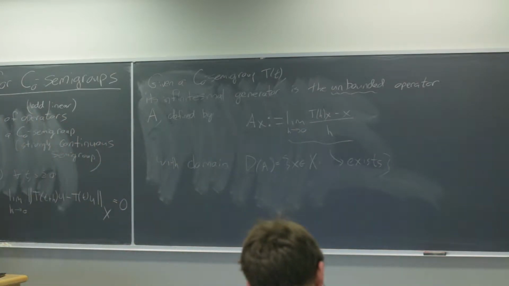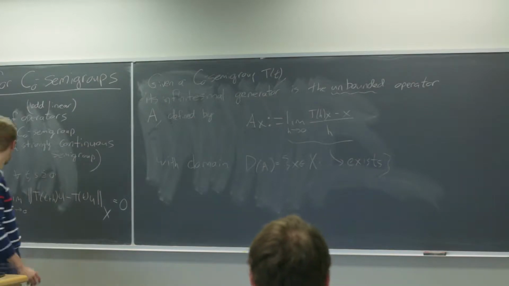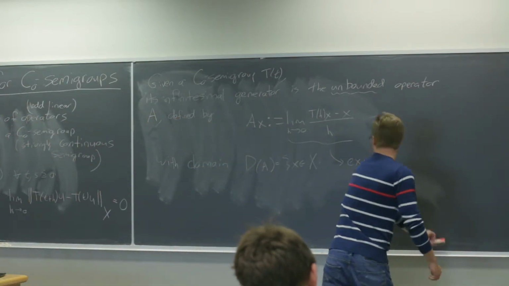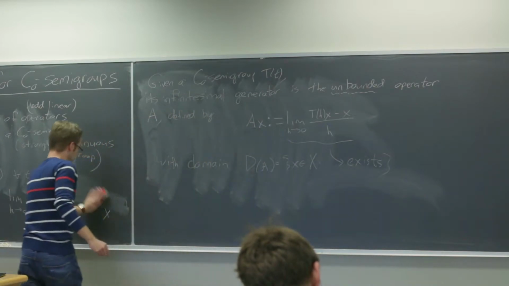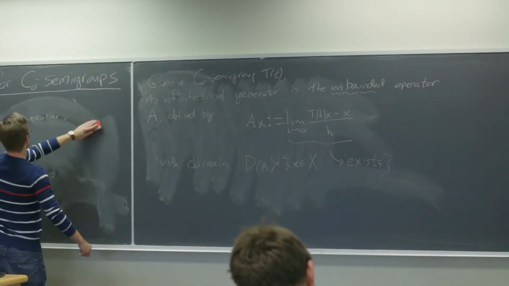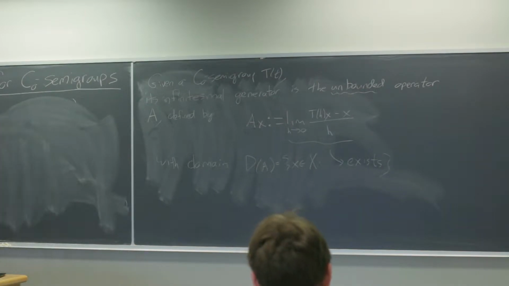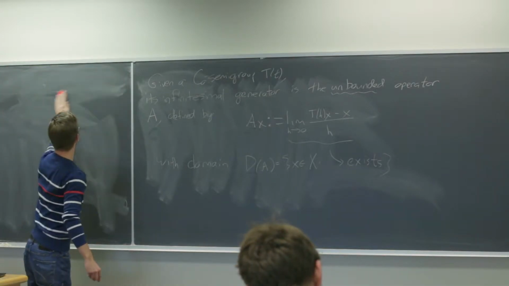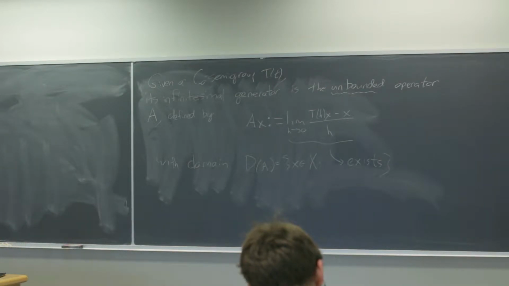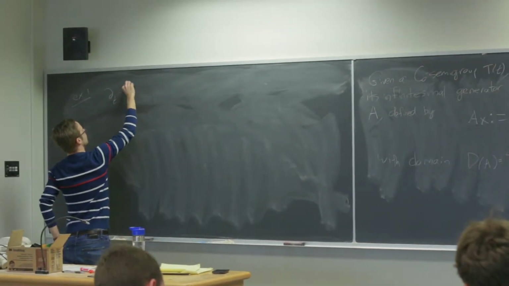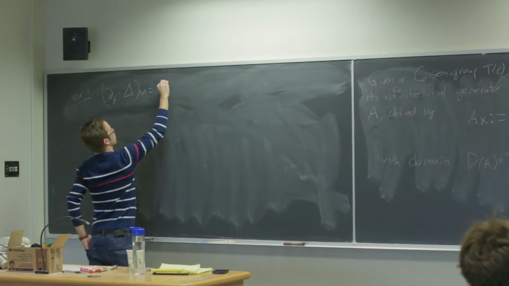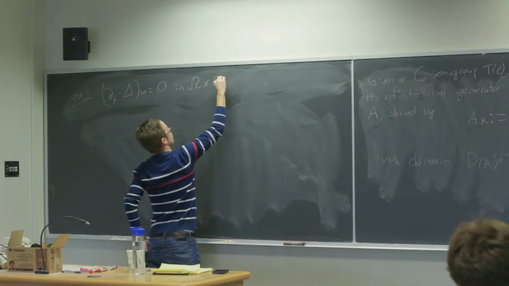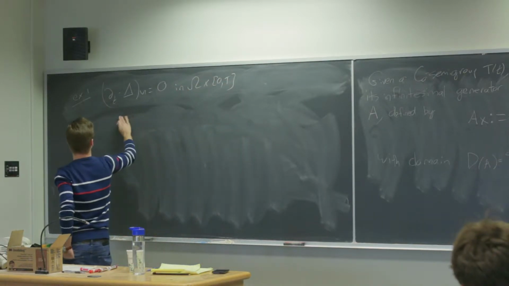limit exists. So let me give you a couple examples, one from PDEs and one a little bit easier to deal with. So there are many, many different kinds of semigroups. First example, the heat equation in R^n: dt u minus Laplacian u is equal to 0.